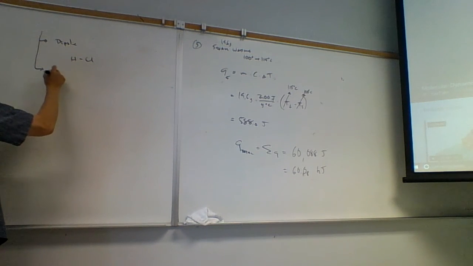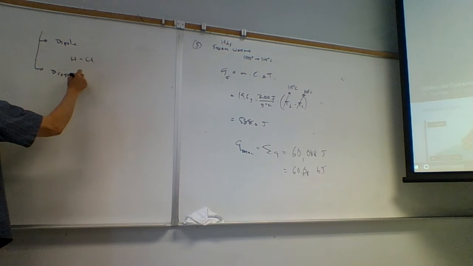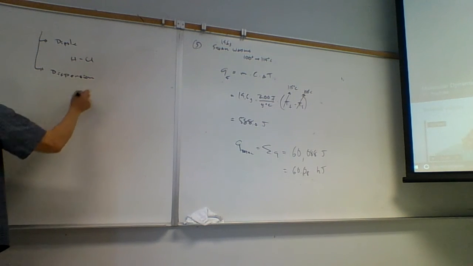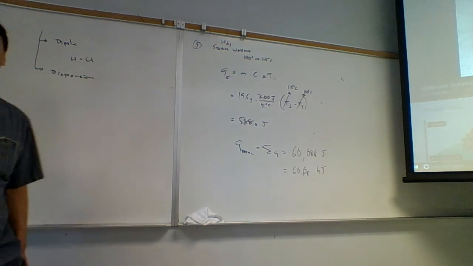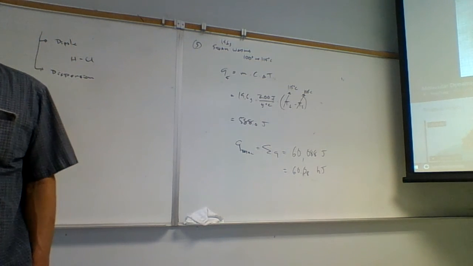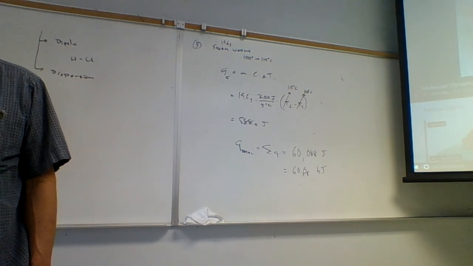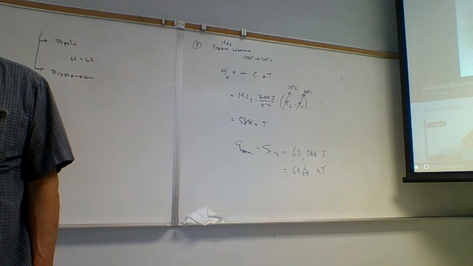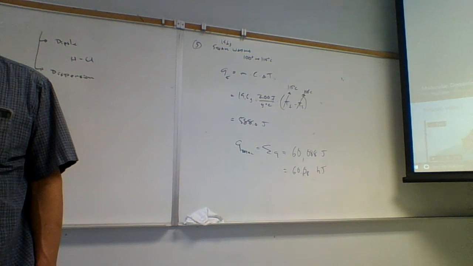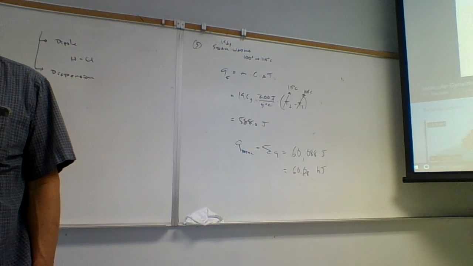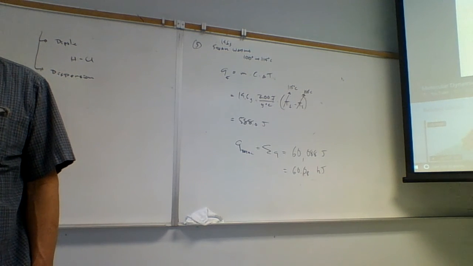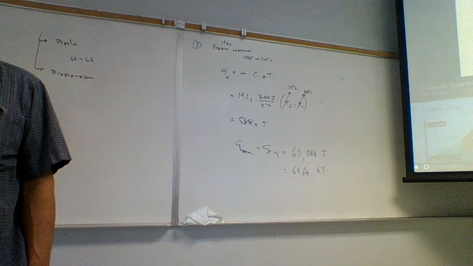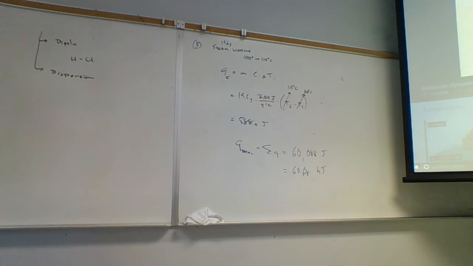And then we have dispersion, or London dispersion, or what else was that called? It's called dispersion, London dispersion, or instantaneous, and one more word, begins with an I, instantaneous induced dipole.